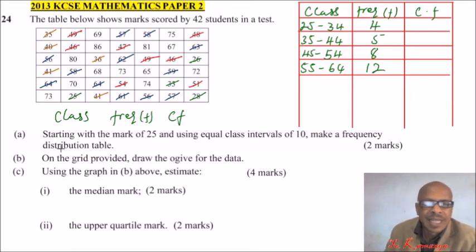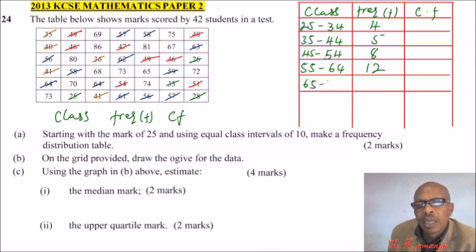The next class is 65 to 74. So 65 to 74, we have 1. We have another one, 2.